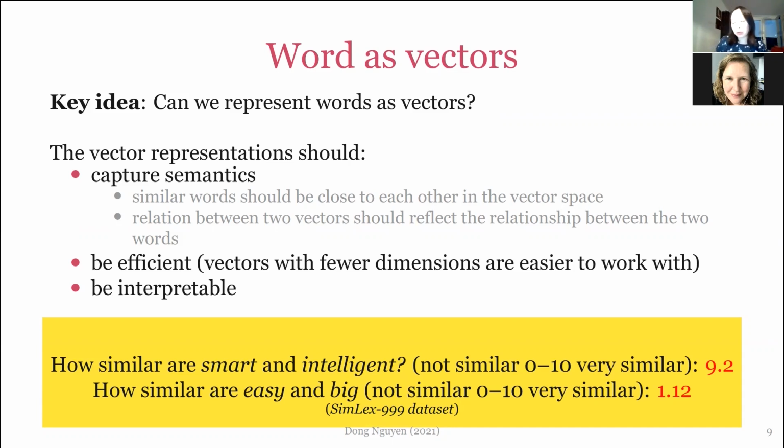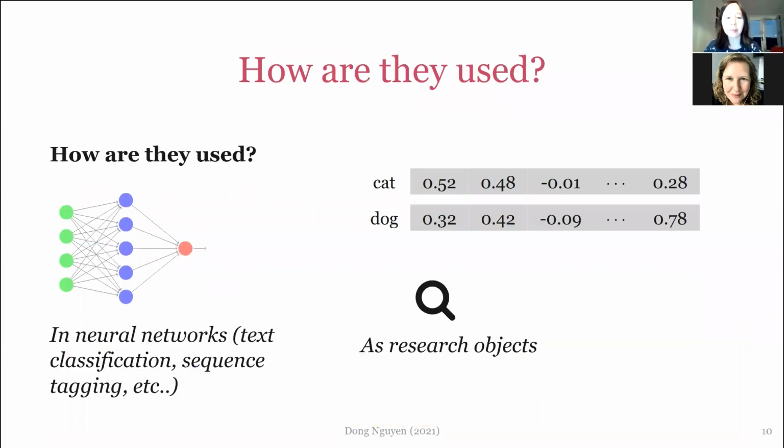And then what we want to do is compare these scores that people gave with what the machine learning model has learned about these words. And if they correlate highly, then that's at least one way of saying, well, then the word representations reflect the meaning of the words well. Thanks for the question. I think that's good to clarify.